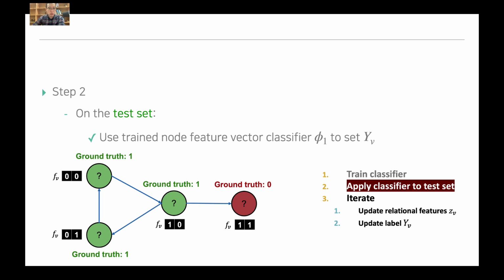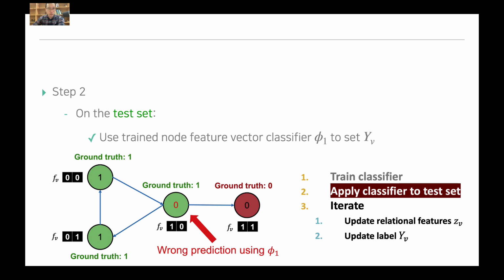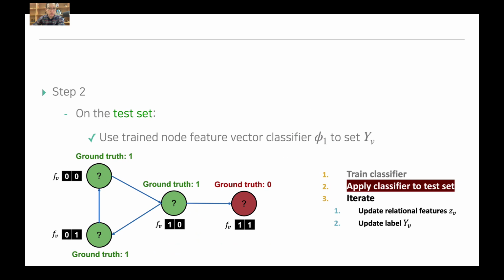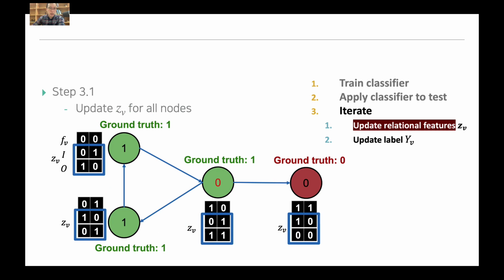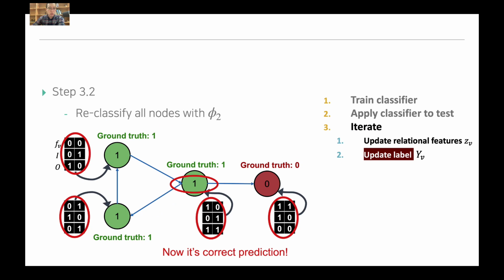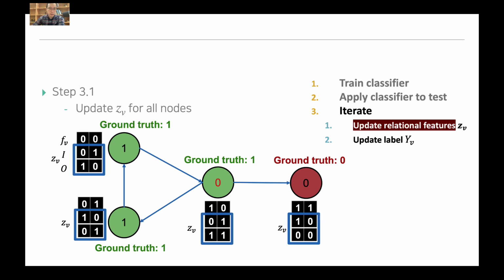If we don't utilize the neighbor summary, we get the wrong prediction, right? We apply the first classifier to the test set, and now we have the second classifier, and we can modify the labels.